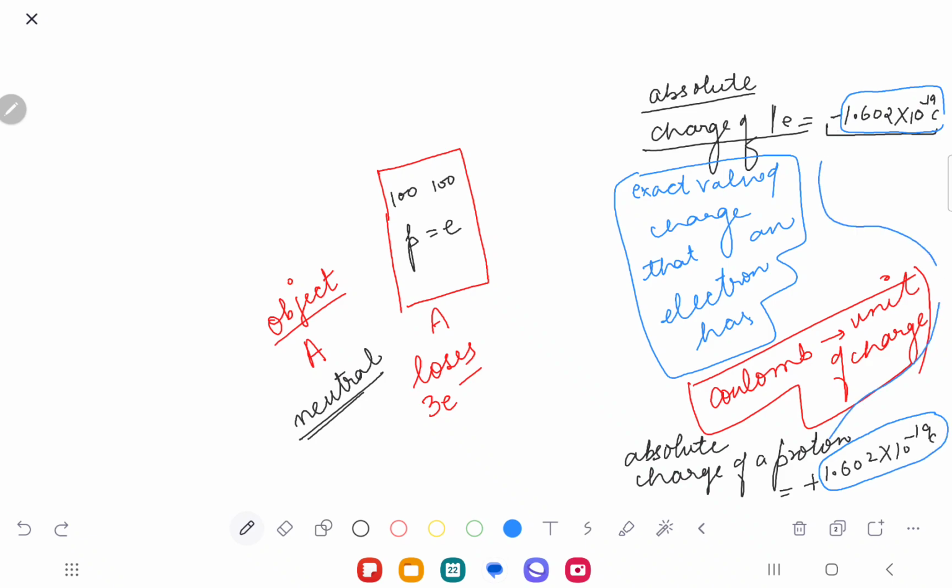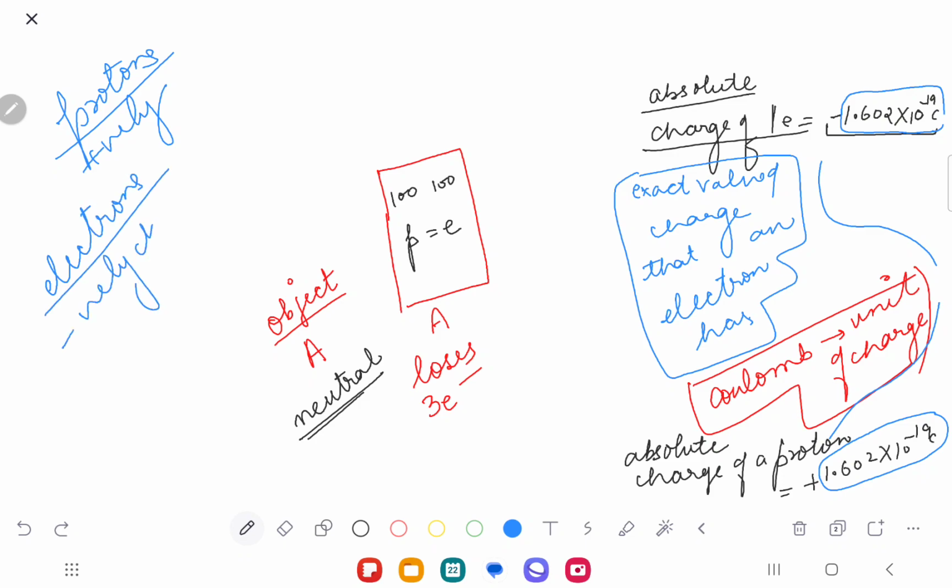That means protons are positively charged and electrons are negatively charged.